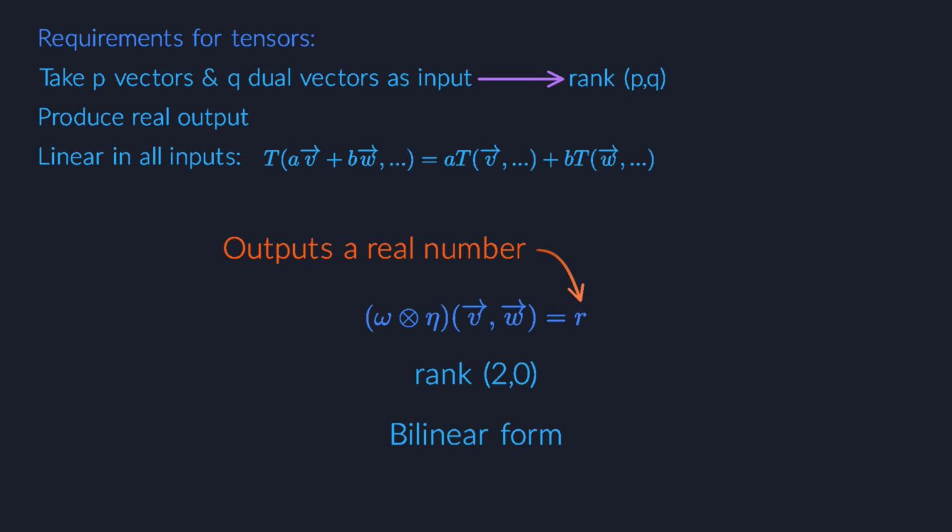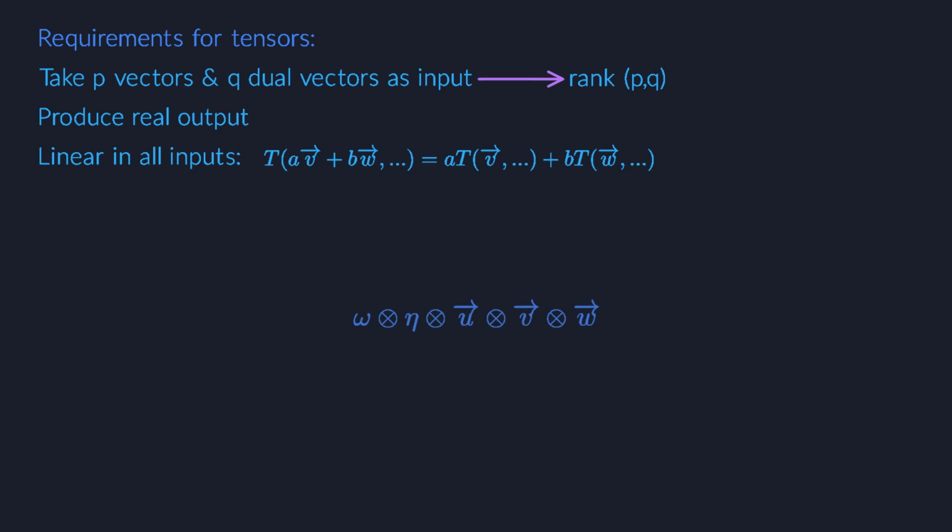We can keep going like this. You can construct a (2, 3) tensor by tensoring two dual vectors together with three vectors. Remember that the tensor product simply brings these parts together, but prevents them from touching each other. Instead of annihilating in vector-covector pairs, they just patiently wait their turns for external inputs to arrive.